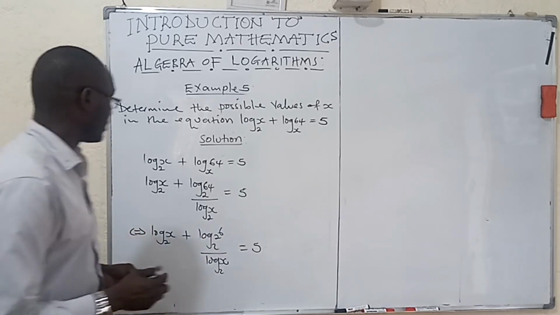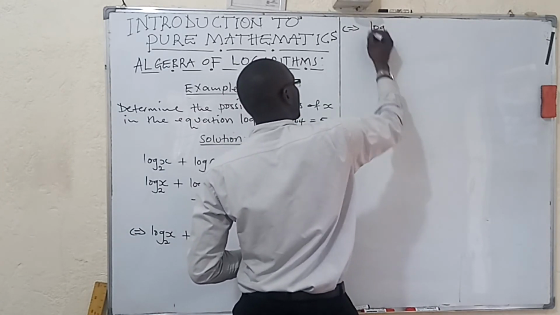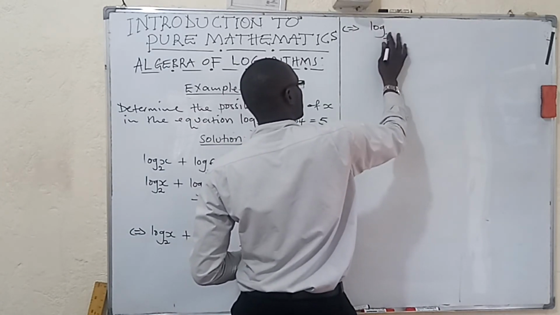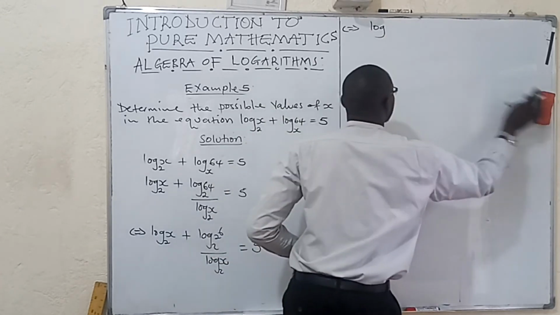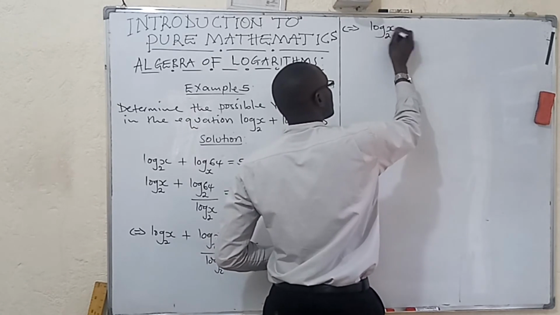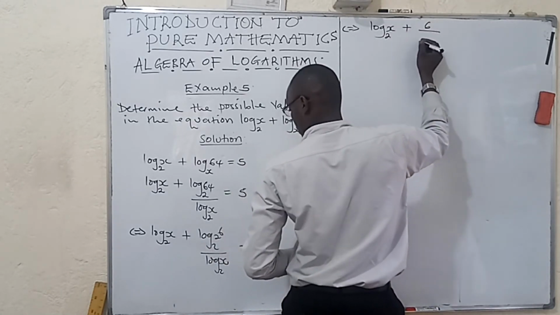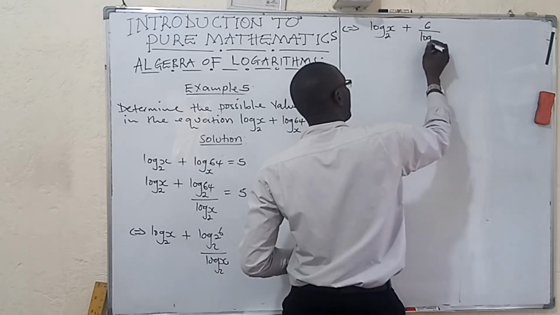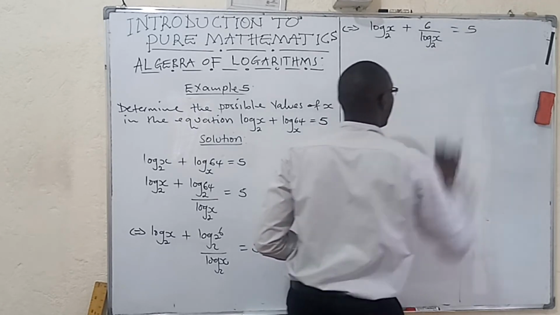Our expression becomes log base 2 of x plus 6 over log base 2 of x, which is equivalent to 5.